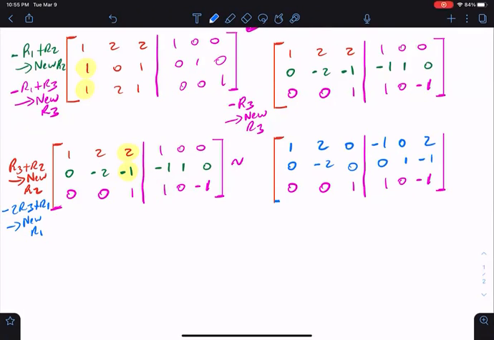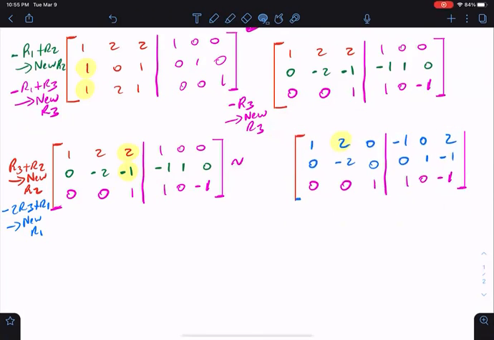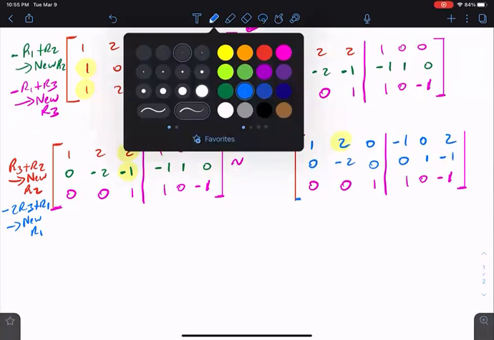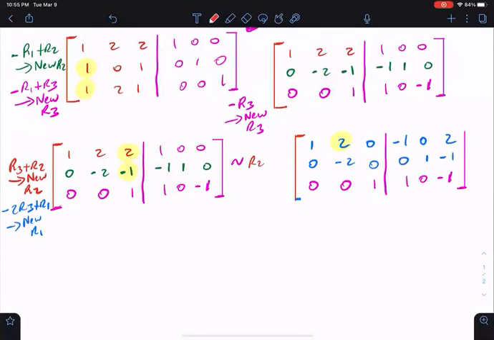Right? So now I can get rid of this guy. I'm just gonna add row 2 with row 1, and I can solve that. So basically we're doing row 2 plus row 1 gives me the new row 1. Let's compute that.